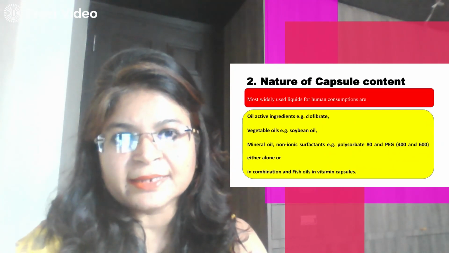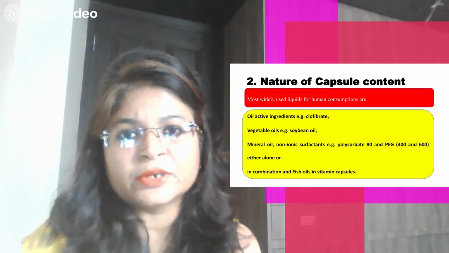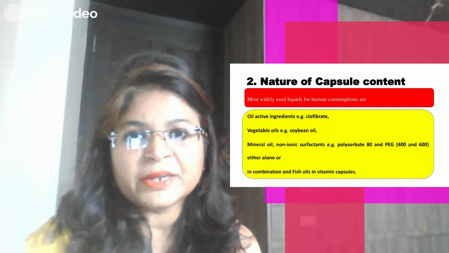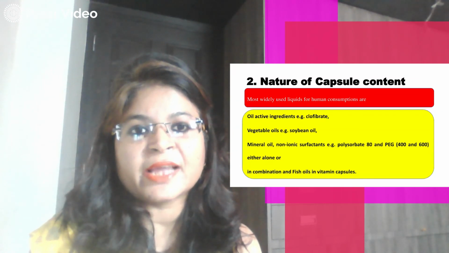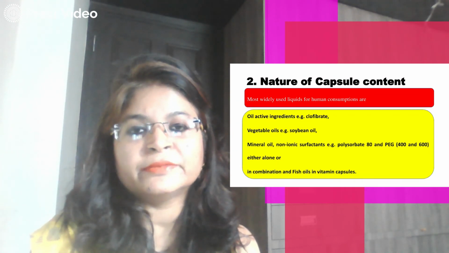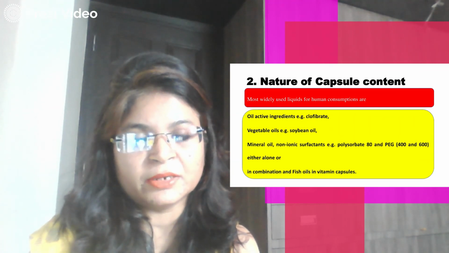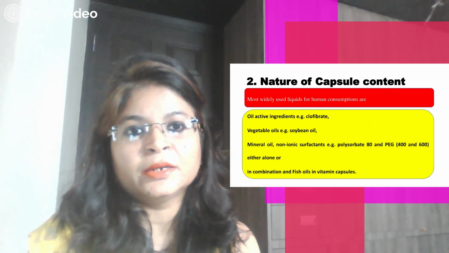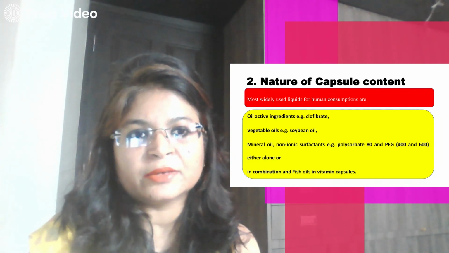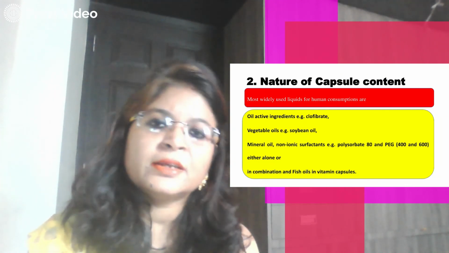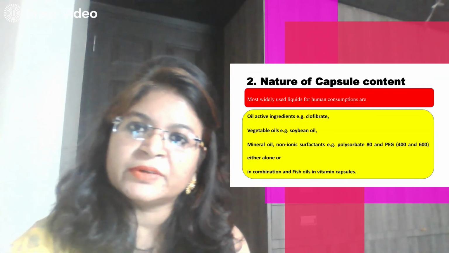So it is advised that the most widely used liquids for human consumption, which can be encapsulated in soft gelatin capsules, are oils having active ingredients like clofibrate, or vegetable oils, for example soybean oil, or mineral oil, non-ionic surfactants such as polysorbate 80 and polyethylene glycol 400 and 600, or in combination with fish oil or multivitamin capsules.